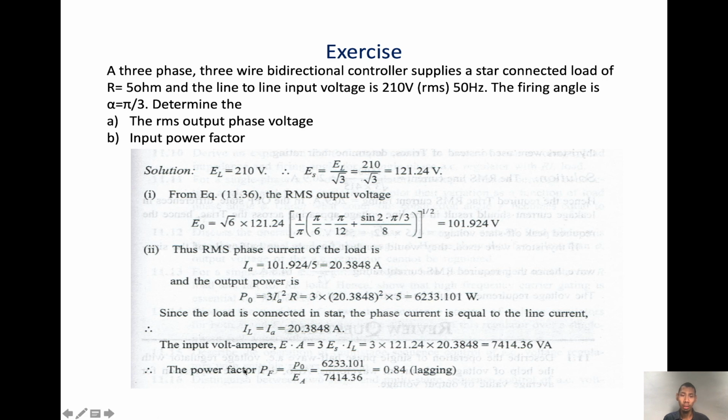The input volt-ampere is 3 times the supply phase voltage times the line current. The power factor is the output power divided by the input volt-amperes, so we get about 0.84 lagging.